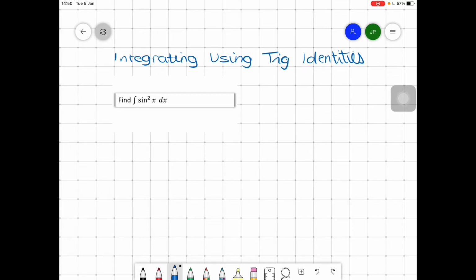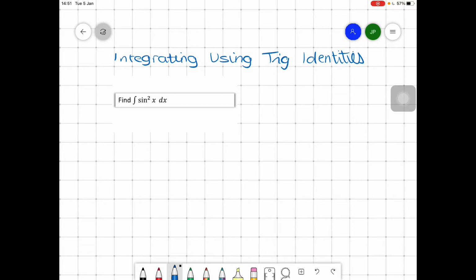So if we start with something like integrating sine squared, okay. Now, I don't want to try and integrate something with a power if I don't have to. So what I want to do is change sine squared into a trig function that isn't squared.